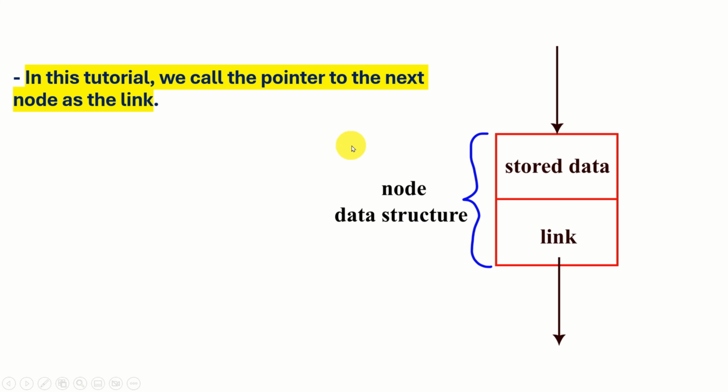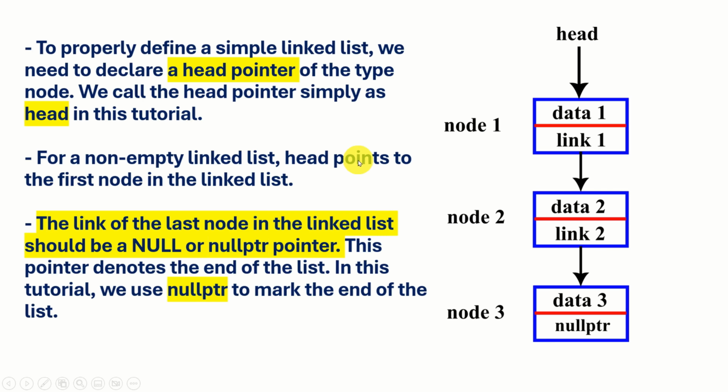In this tutorial, we'll call the pointer to the next node link, and whenever you see a link, you know that it's a pointer to the next node in the linked list. To properly define a simple linked list, we need to declare a head pointer of the type node.